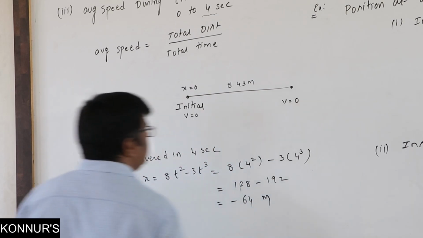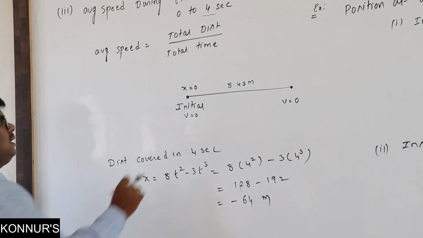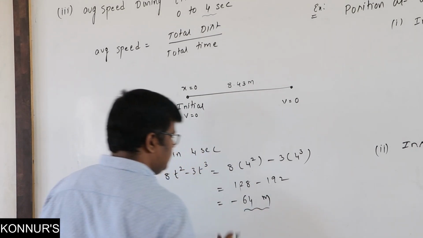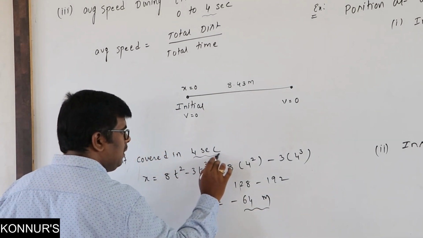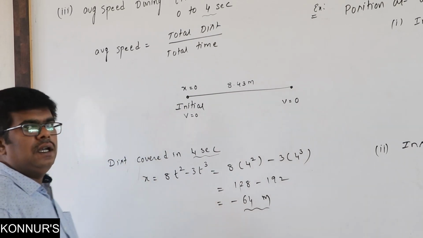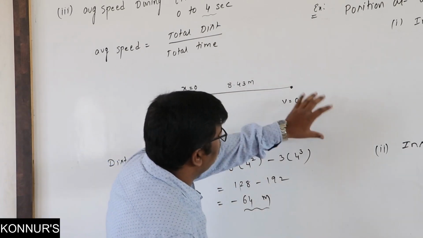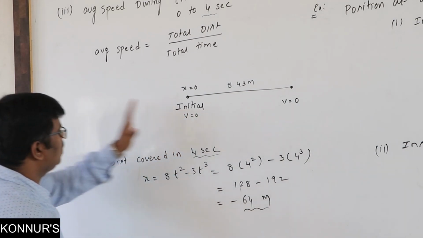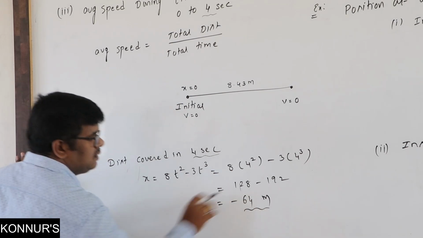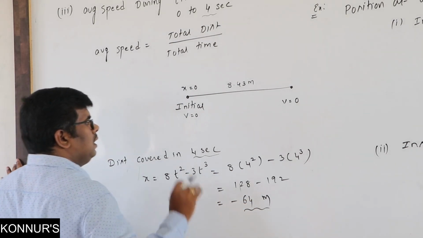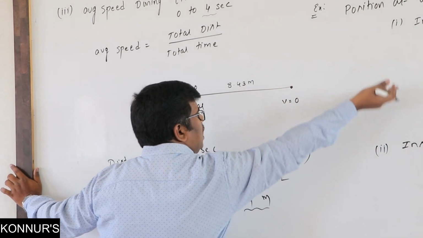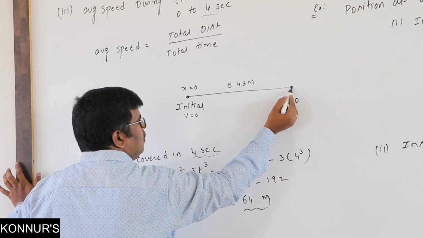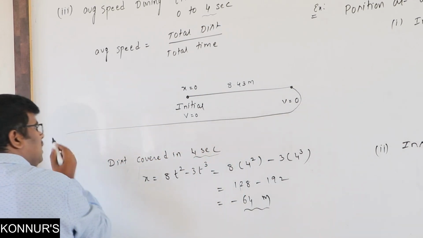meters. Then you can observe this is the initial point, and minus 64 meters is traveled in 4 seconds. So you can understand it is not going forward, it returns back and goes along the negative x-axis side to minus 64 meters.